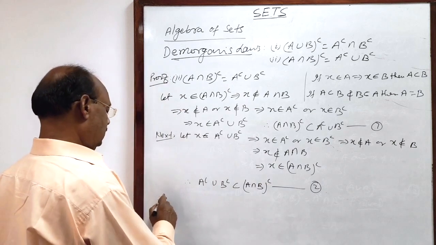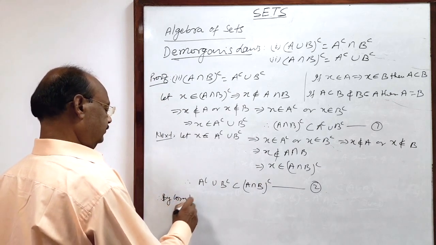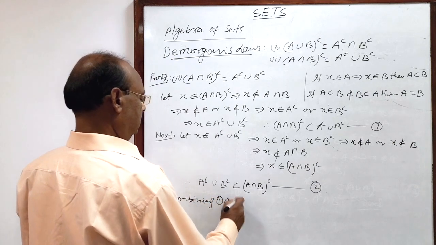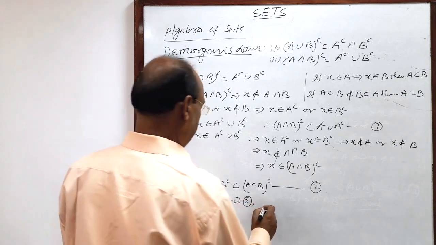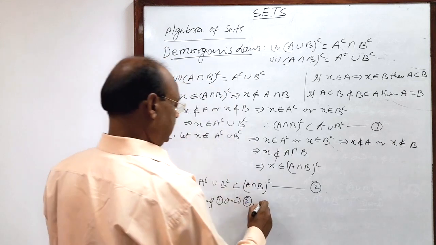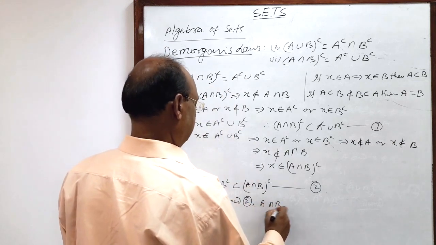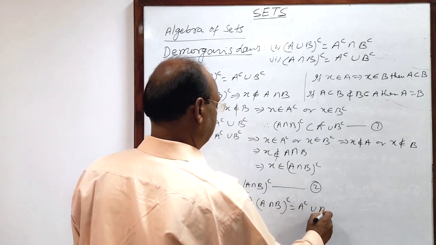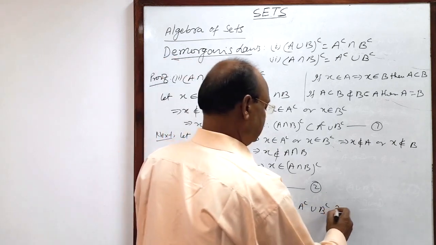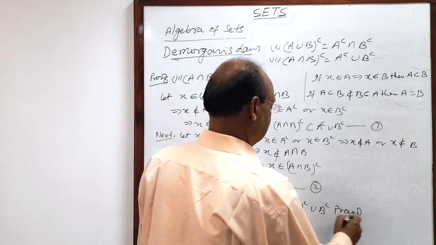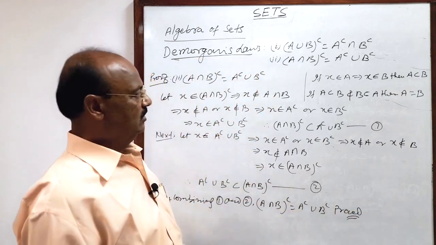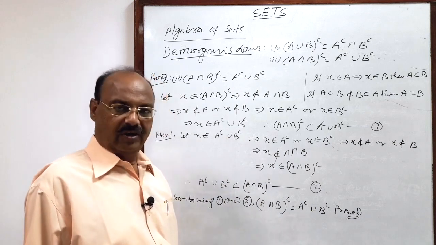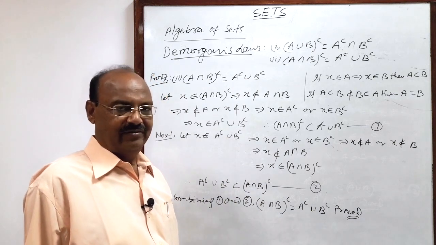So therefore, by combining relations 1 and 2, we will get LHS is equal to RHS: (A intersection B) whole complement is A complement union B complement. So this second law of De Morgan is also proved here. So the proof of De Morgan's law is very interesting, very simple, a little bit of logic, but you can do it very easily.